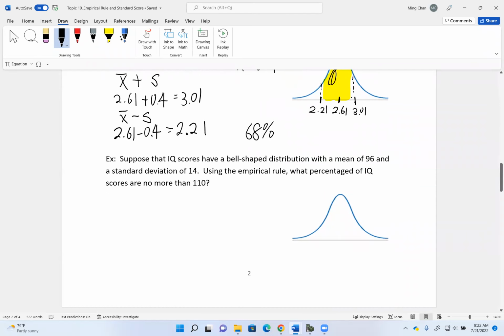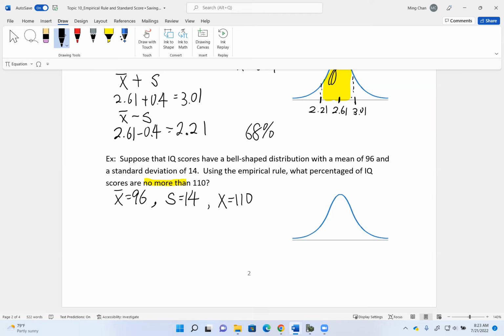All right, suppose the IQ scores have a bell-shaped distribution with a mean of 96, so X bar is 96, and a standard deviation of 14. Remember the notations that I introduced in the previous topic: X bar is sample mean, S is sample standard deviation. Use the empirical rule: what percentage of IQ scores is no more than 110? So X is 110.